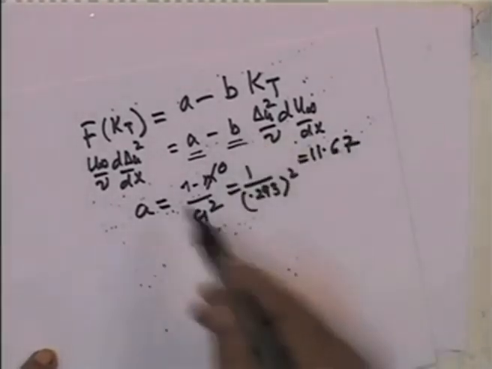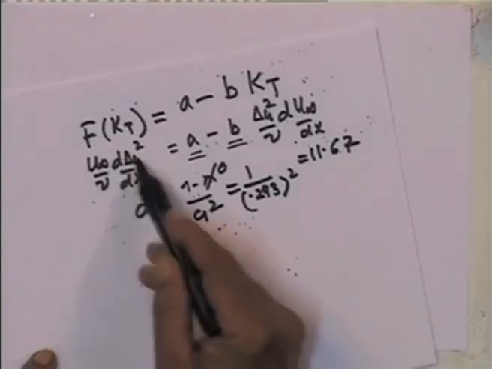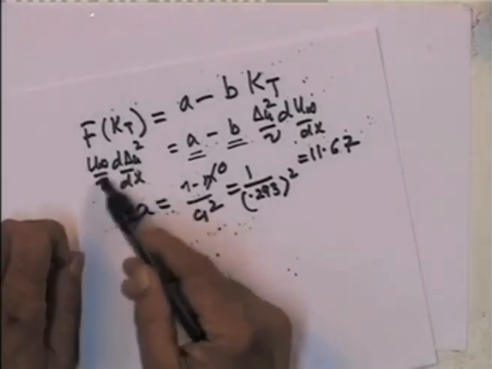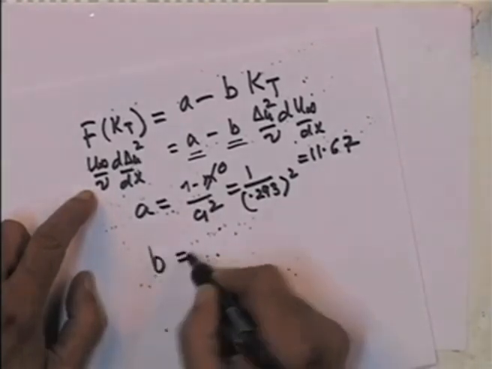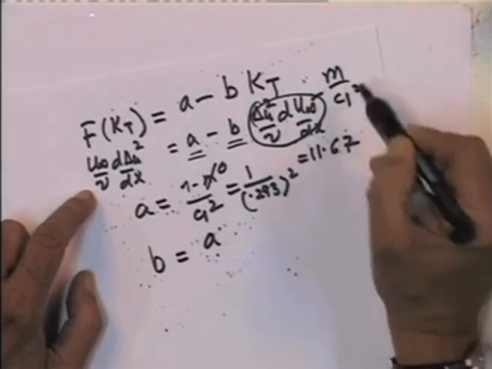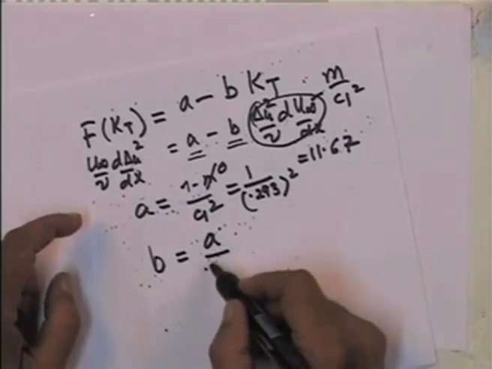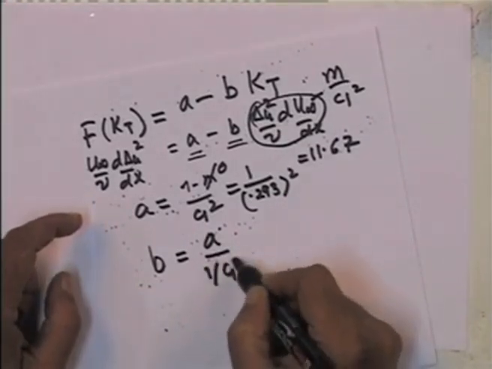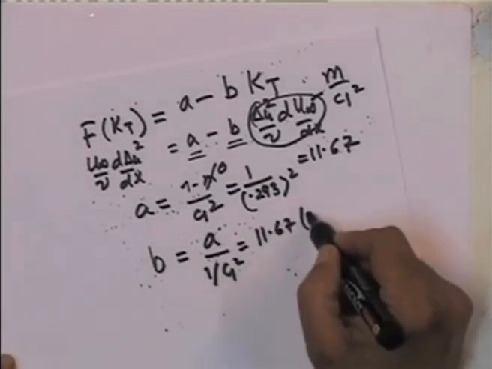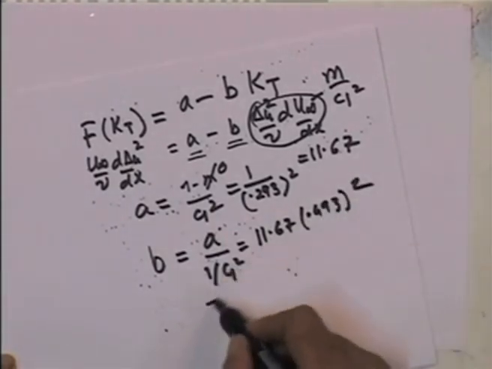Now, B would be determined where this is 0, and you will recall for the stagnation point solution, all thicknesses are constant, and therefore, this is equal to 0. Then B will be simply A times this quantity, which is m by C1 square, and m is equal to 1, so m by m, which is 1 over C1 square. That will be equal to 11.67 into 0.493 whole squared, which gives you 2.87.